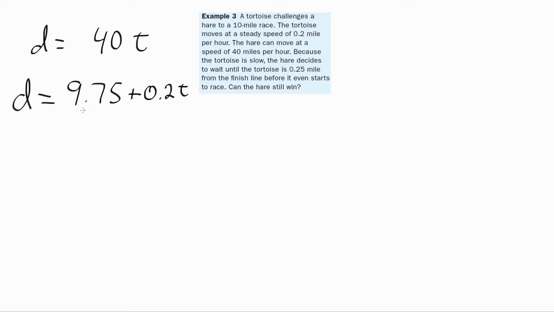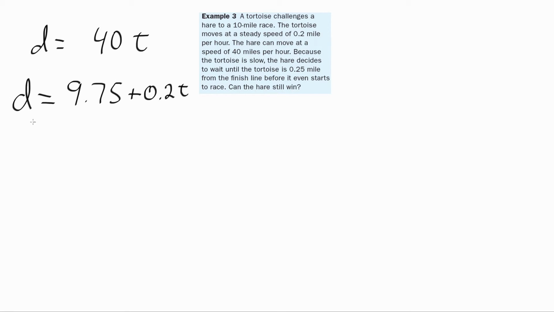So this is what we want to know. So basically the hare doesn't start until the tortoise has arrived at 9.75 miles. That's the beginning of time, 40t. And then the tortoise continues on.